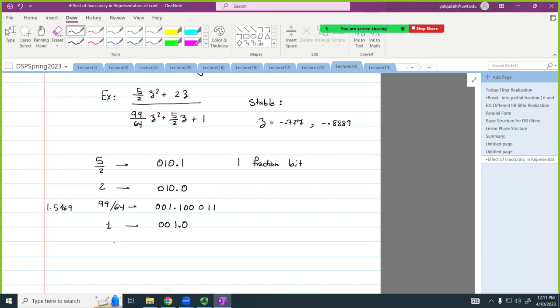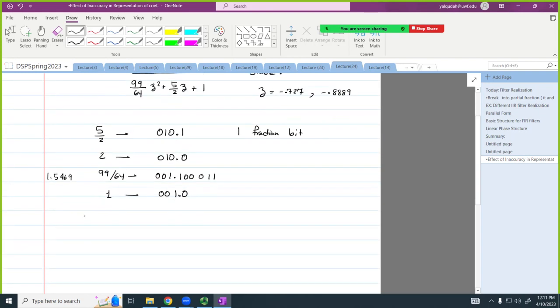Okay. So let's say we want to implement this using a system that supports only 3 fractional bits or less. What's going to happen?